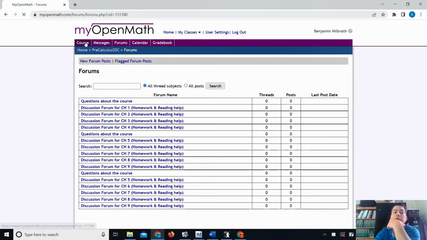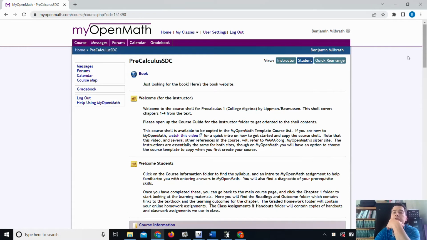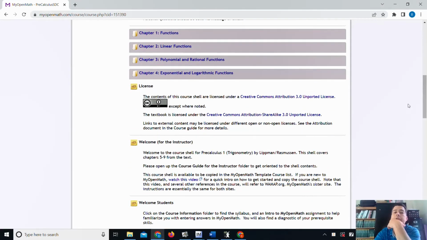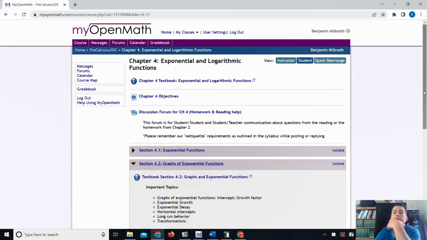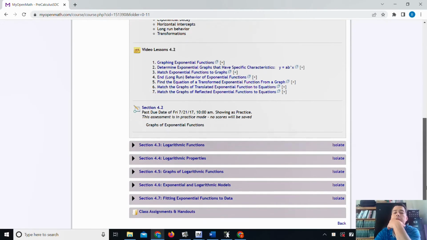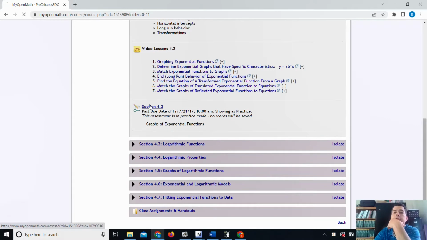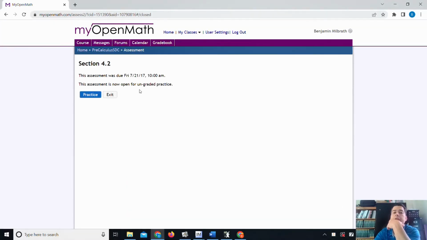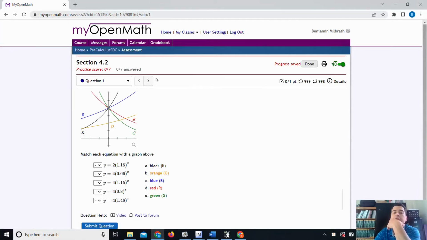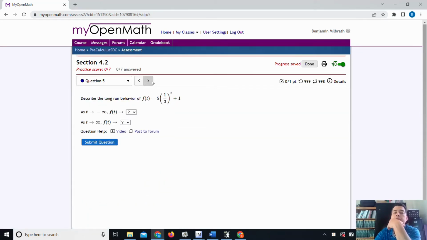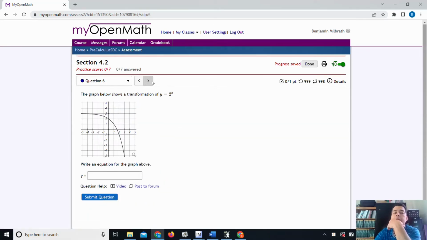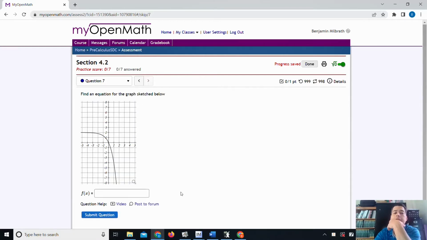What do I want? You're in 4.2. So let's find a nice graph. That one looks good.